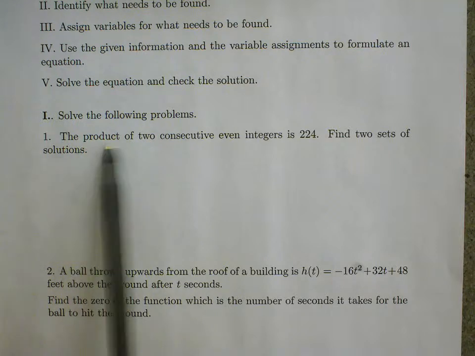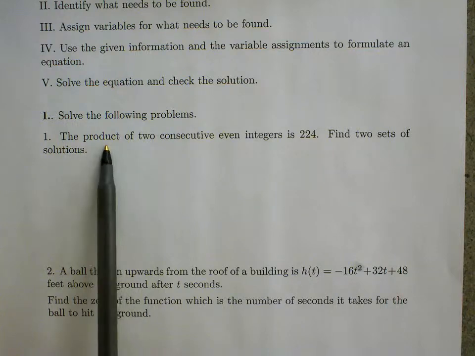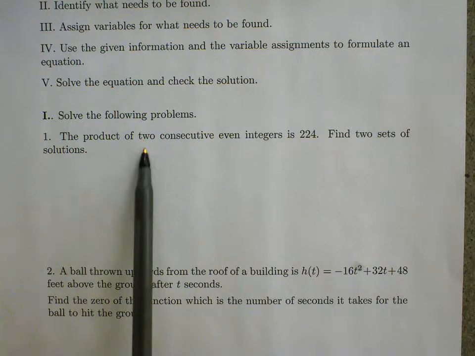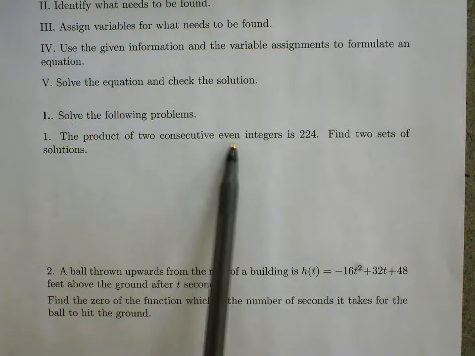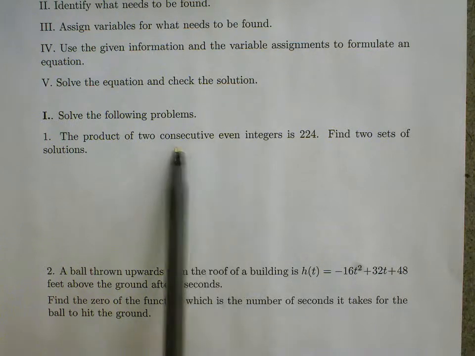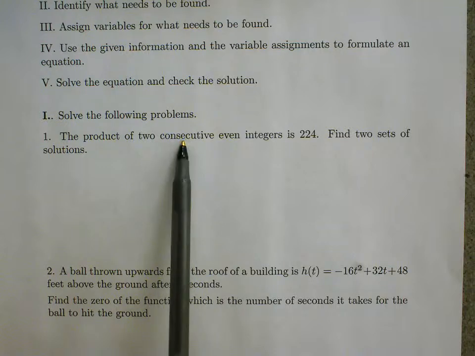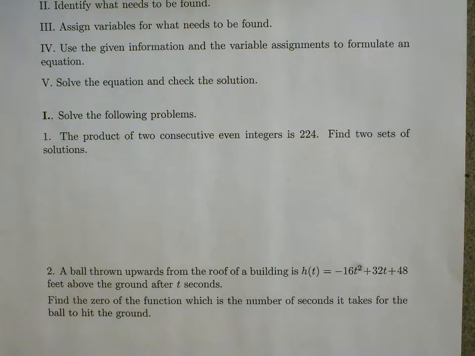Product means we're going to multiply two integers that are both even, and they're referred to as consecutive even integers. So can you give an example of a pair of consecutive even integers? Well, 10 is an even integer, and 12 is the next one after 10. So we could say that 10 and 12 are consecutive even integers.